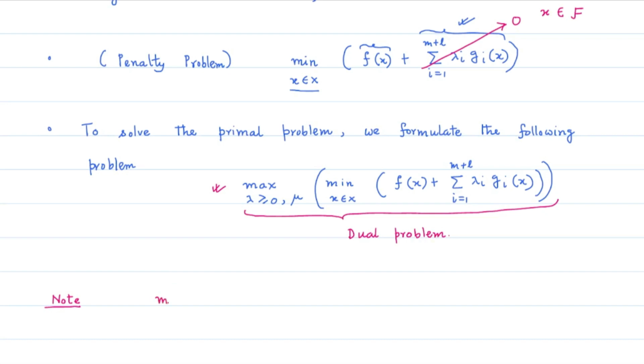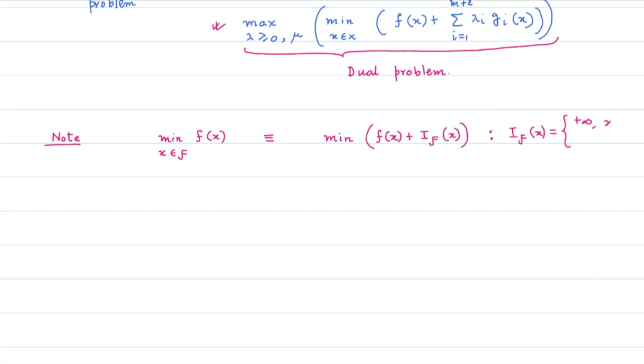We notice that a constrained optimization problem, minimization over a set, let's suppose capital F, of the function f, can equivalently be posed as an unconstrained optimization problem: minimization of f(x) plus the indicator function of the constraint set, where this indicator function is defined by i_F(x) equal to positive infinity when x is not in capital F and 0 when x belongs to capital F. So you are just considering that I will penalize you an infinite amount if you are violating my constraints.